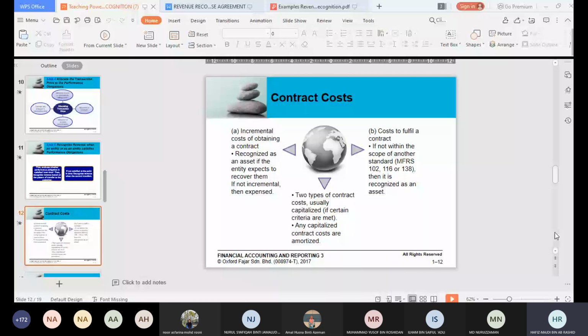Second, the criteria is you expect to be able to recover those legal costs which you have incurred. Sometimes this recovery of the cost might be explained or determined by law, for example.